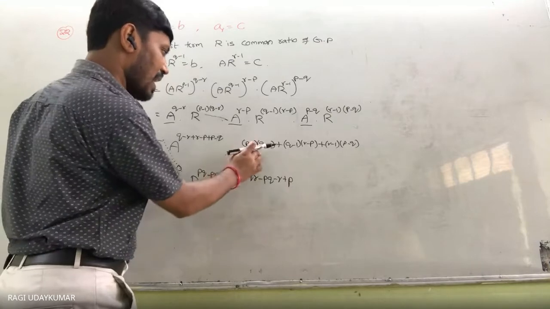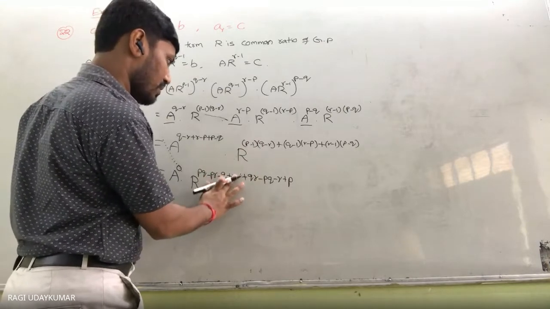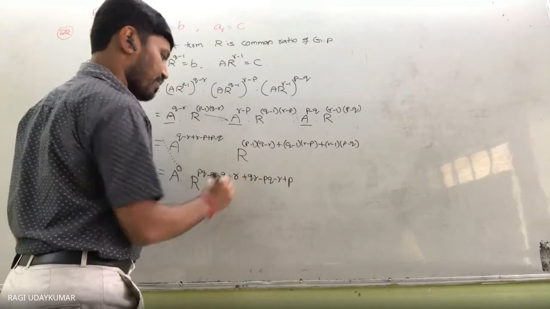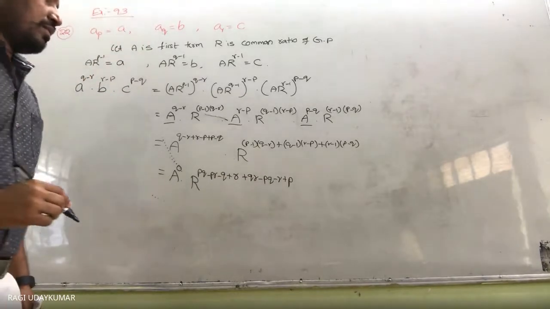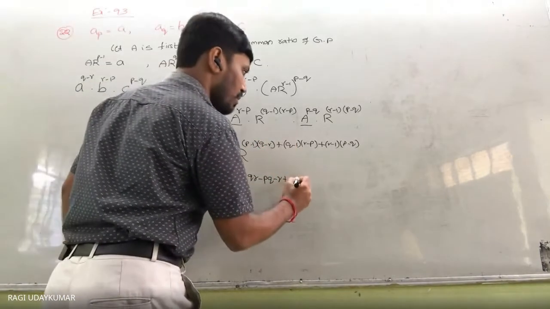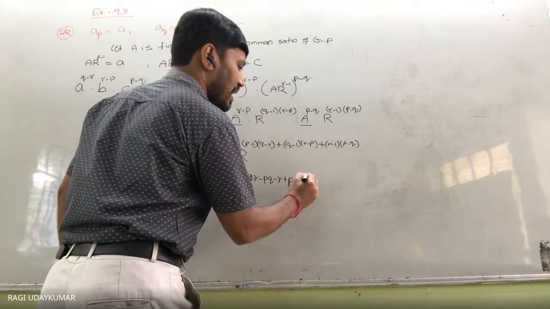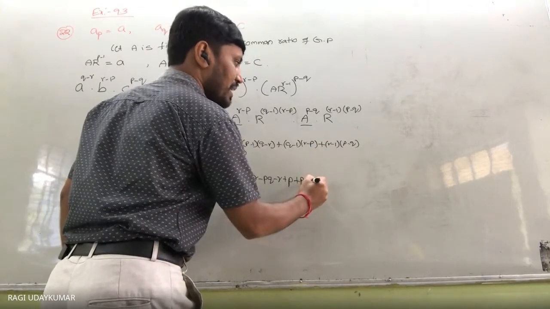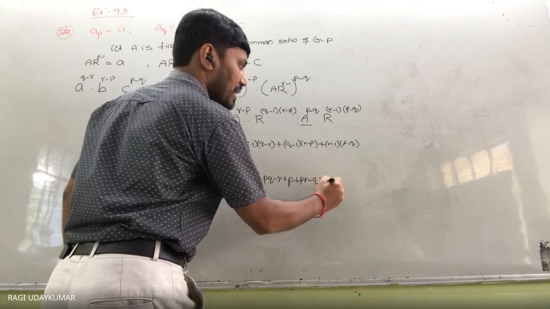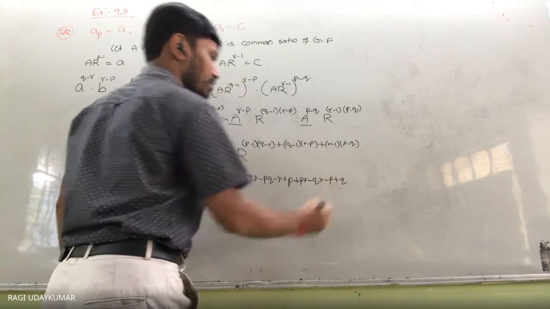Oh, here plus r, qr plus r. Next, plus pr plus pr minus qr minus p plus q.